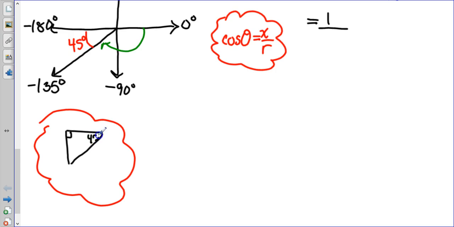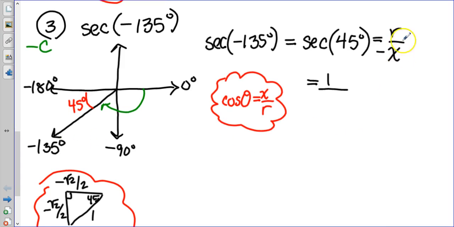Here's 45. From my homework, I know that my radius is 1, my hypotenuse is 1, and this is root 2 over 2, root 2 over 2. In this case, it would be negative and negative if I were to create the triangle here in quadrant 3. So coming back up, r divided by negative x, that's going to be r divided by a negative root 2 divided by 2. So now let's work on the algebra to finish this.